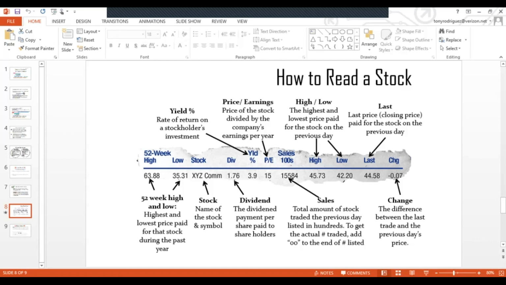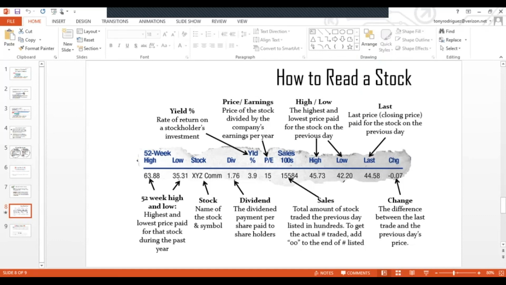What the heck does that mean? It just means simply add 2 zeros to the end of that number, okay? So to get the actual number traded, you would add 2 zeros to the end of this listed number. There you go. So actually, this would be 1,558,400. Okay, that would be a larger number than what is listed.